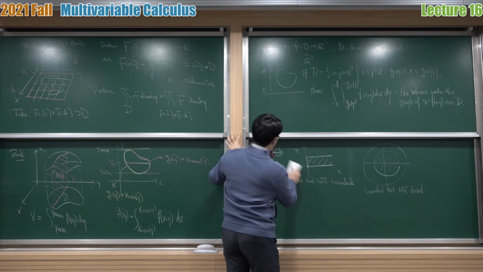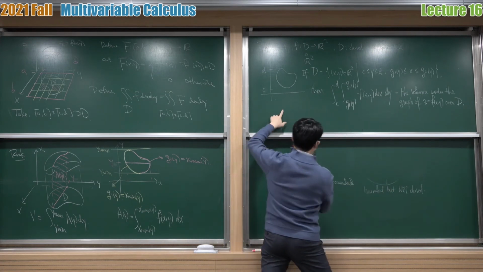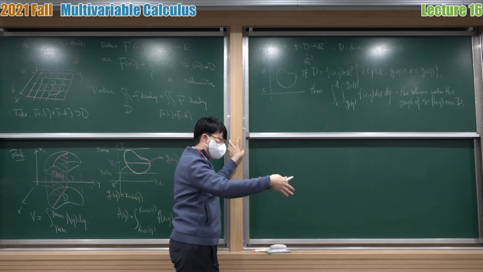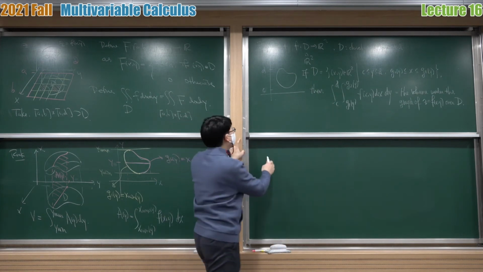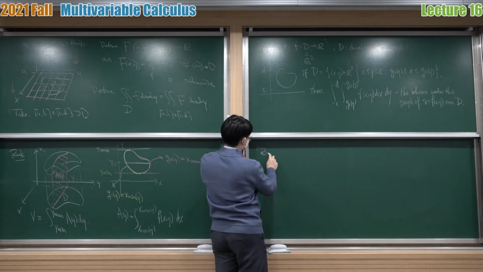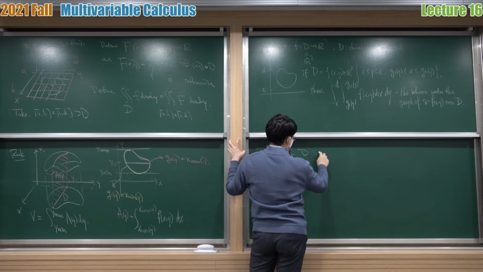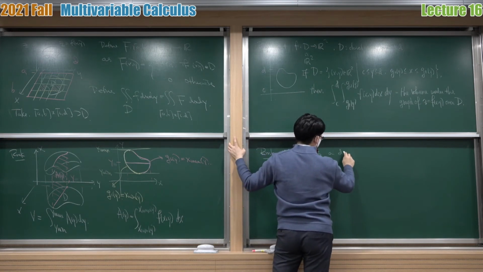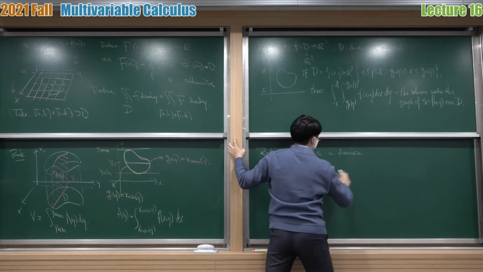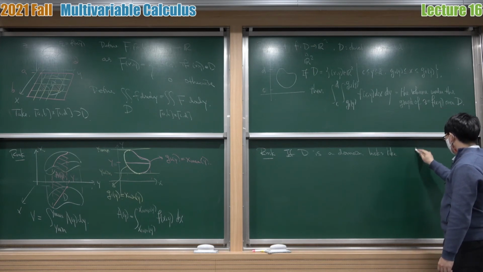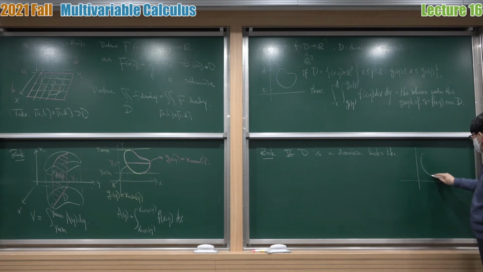What if you have a domain something like what I've just drawn here, and then you still want to compute the volume over that domain using the iterated integral? If D is a domain that looks like this one, what do you think you have to do?